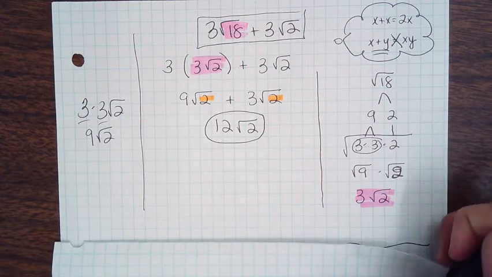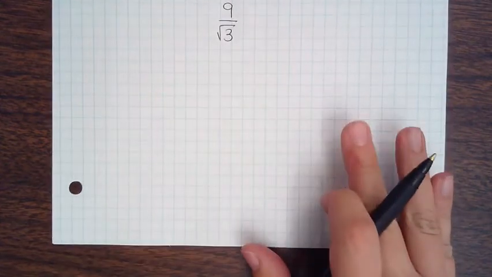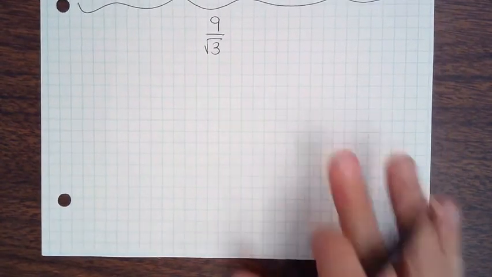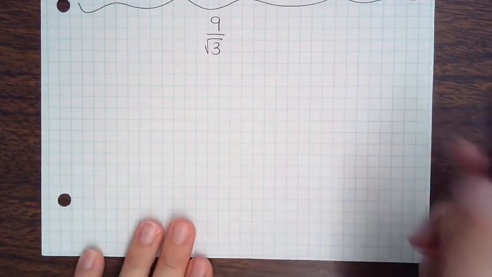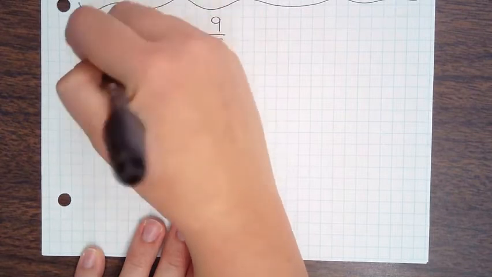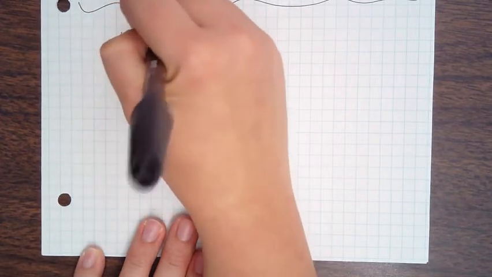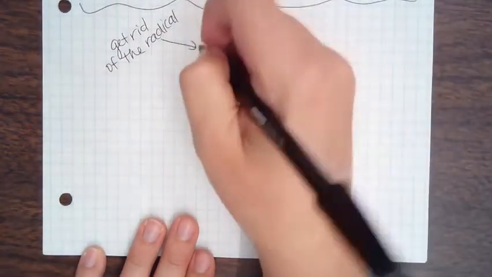Okay. Here's the second problem in this video, and the last type of problem we did. So we did rationalizing the denominator. So rationalizing the denominator means get rid of the radical. Now a number could be down there. Let's even put one there.